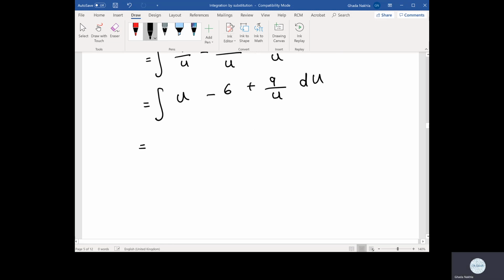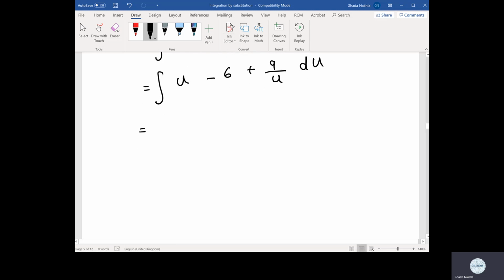Now we can integrate. When we integrate, we increase the power, divide by the new power. So let's increase the power of u. It's u to the 1, increase the 1, u squared divided by 2, minus 6, and there is an invisible u here, which is u to the 0.